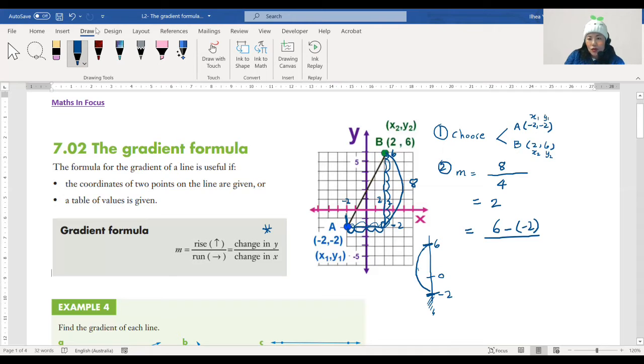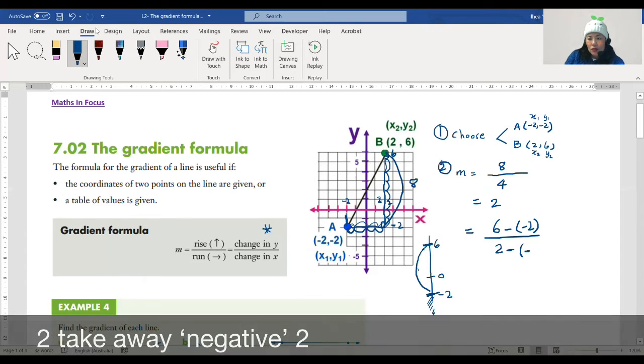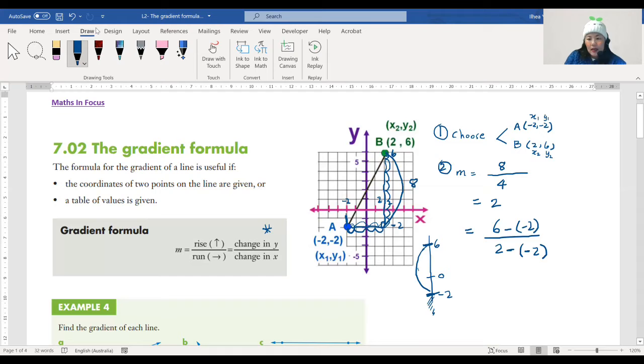So 2, take away -2. That way, that's 2, that's a 0, that's minus 2. So if I want to know what's happening between there, I do 2, take away all the minus 2 parts, and I'll get the middle part.